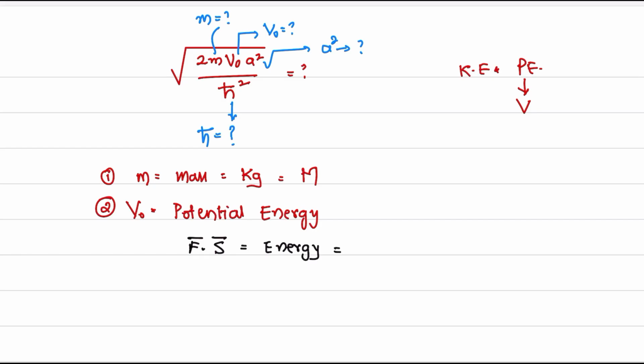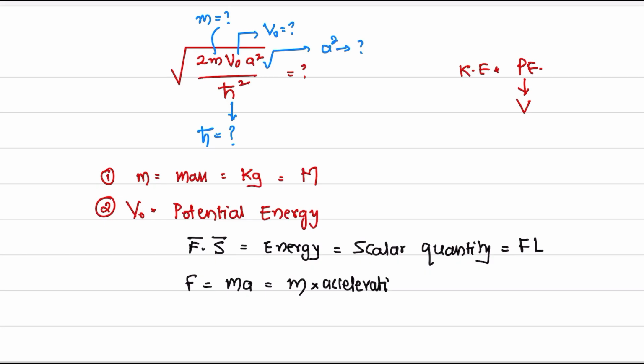F is in newtons. This is a scalar quantity. Displacement has a dimension of L, and F has the dimensions of force. We will find out the dimensions of F. F is equal to, as per Newton's second law, ma, mass into acceleration. What is acceleration?